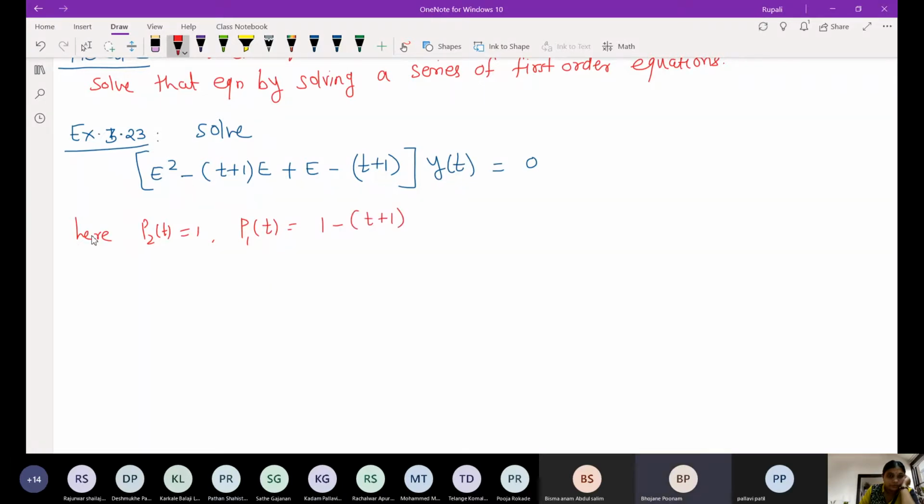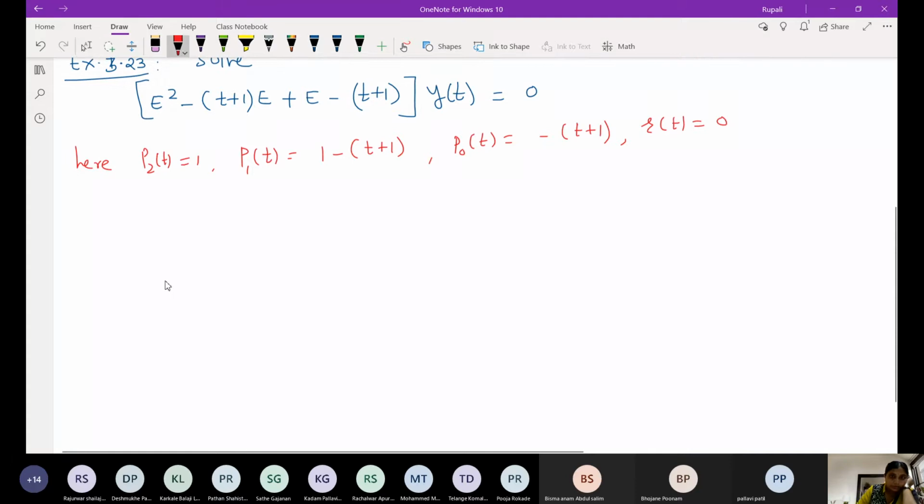And what is my P_0(t)? Minus of (t plus 1). r(t) is 0 only here. This is homogeneous. So you can see here P_1(t), P_0(t), P_2(t) are variable, not just constants, but with variable coefficients.